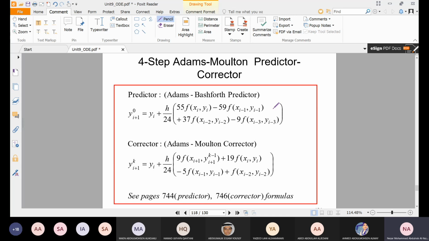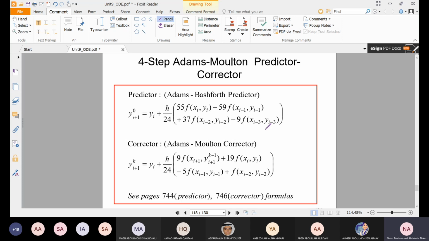We can use 4 steps. We call these 4 steps the Adams-Moulton predictor-corrector. In this case, that means we need 4 slopes: the slope at xi, xi minus 1, xi minus 2, and xi minus 3.